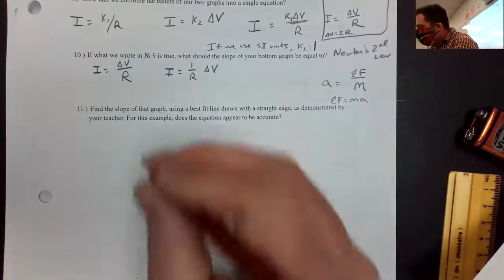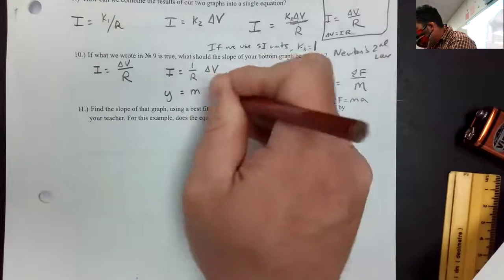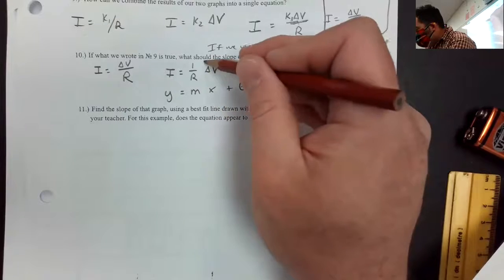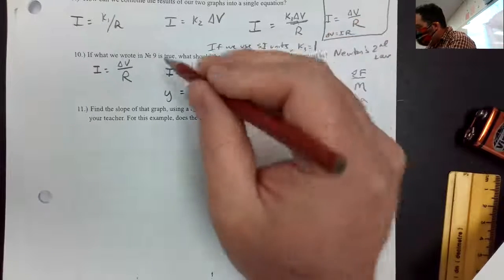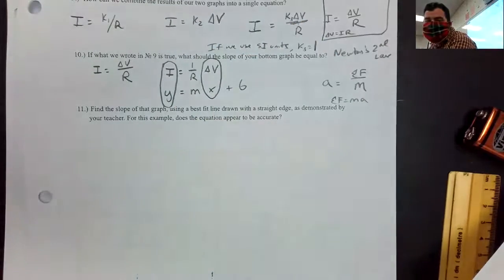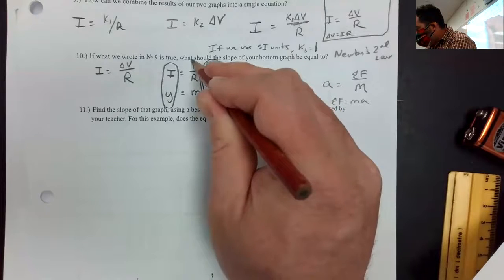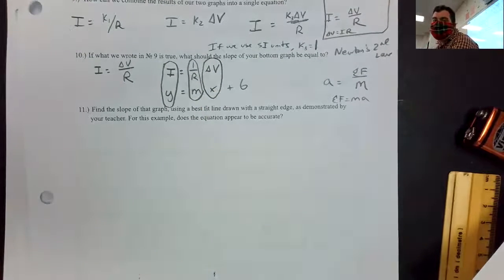So why would I do that? Because if I line this up next to our equation for a line, we know on that graph I put potential difference on the x-axis, and I put current on the y-axis. So what's the slope? It's whatever is left over. So the slope ought to be 1 over the resistance.